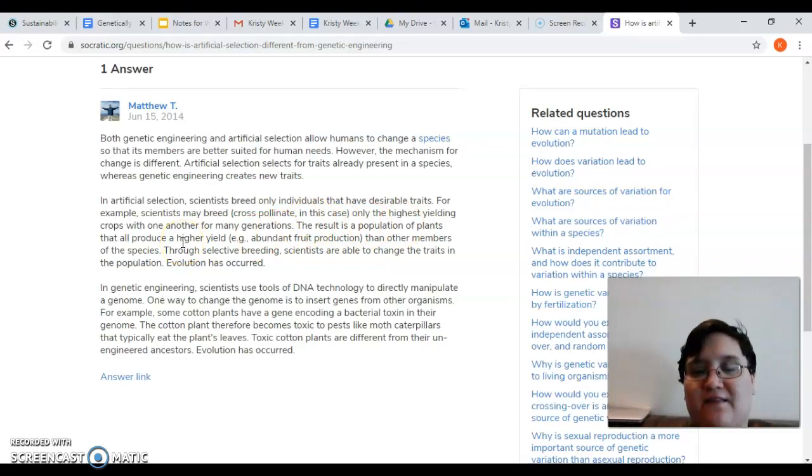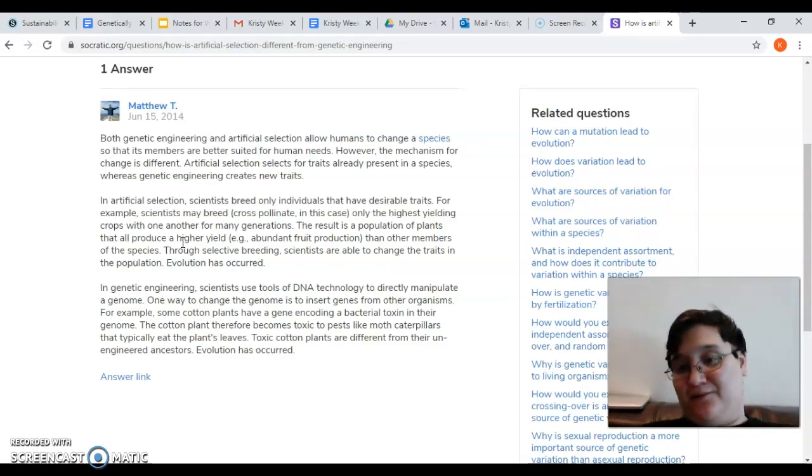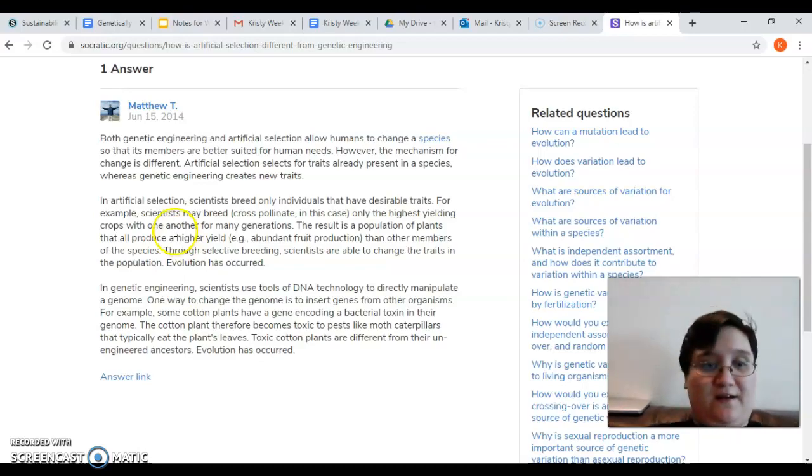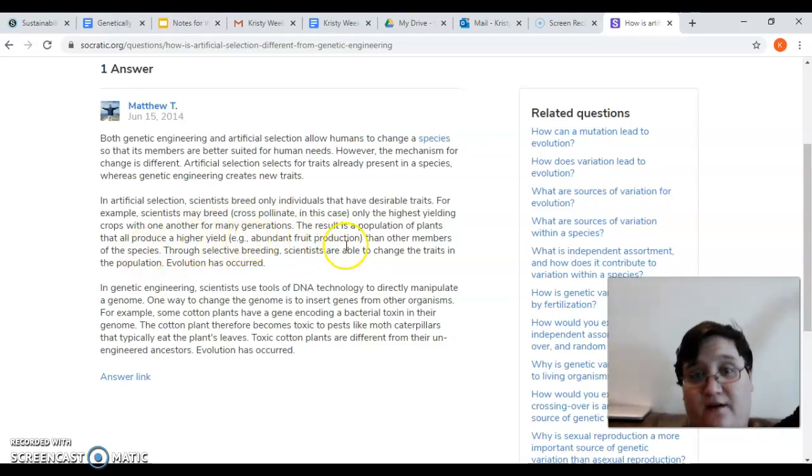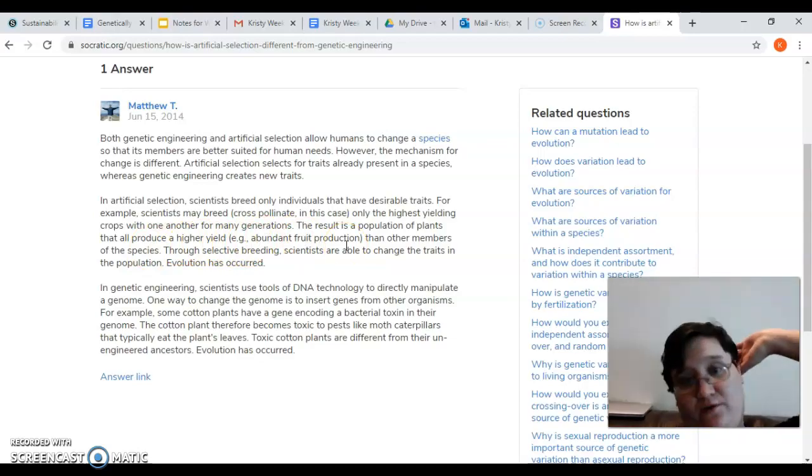This means that certain crops with really good DNA are going to create more fruit. So they're cross-pollinating a crop that produces a ton of fruit with another crop that produces a ton of fruit. The result is a population of plants that all produce a ton of fruit, so then the farmer can sell more and make more money.